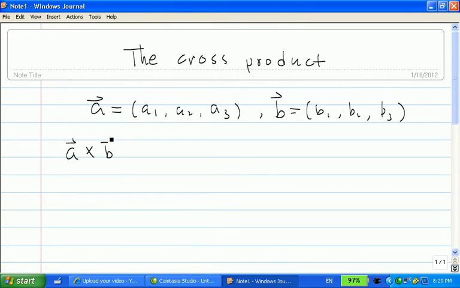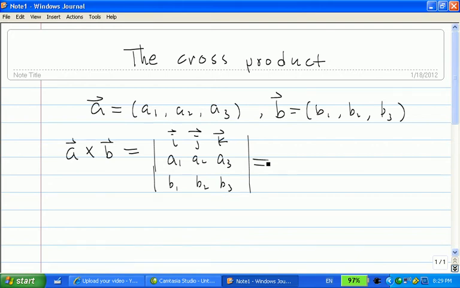of the two vectors has been defined like this: I, J, K. This is just a notation. You put A1, A2, A3 in the second row, and B1, B2, B3 in the third row.